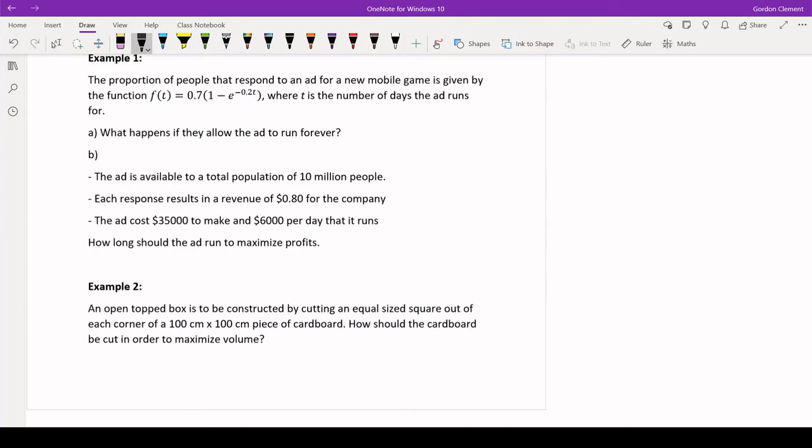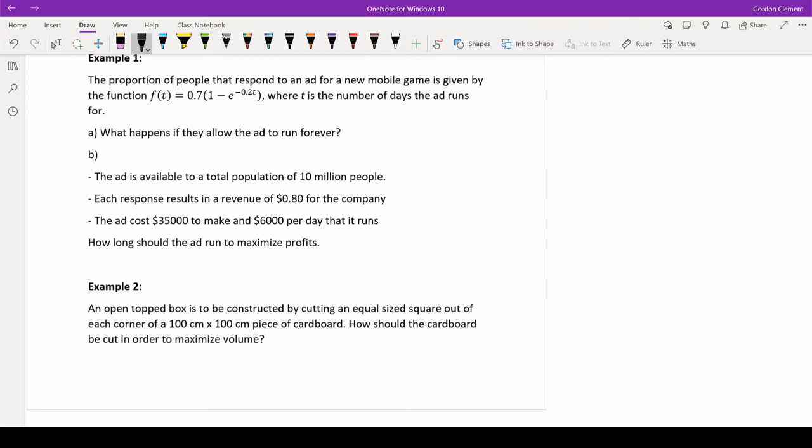Okay, so we've got this situation. The proportion of people that respond to an ad for a new mobile game is given by the function f of t equals 0.7 times (1 minus e to the minus 0.2t), where t is the number of days the ads run for. I just want to start by thinking about what happens if they continually run this ad forever.